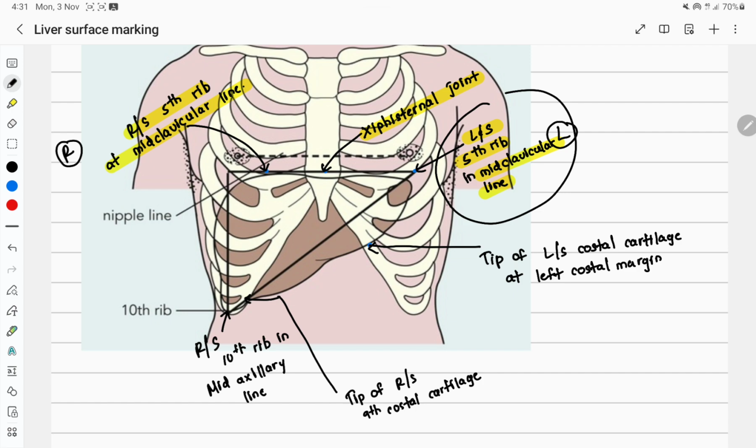So you draw a curved margin. You can draw either a straight line or a curved margin to surface mark the inferior border. So those are the points: right side 10th rib in the mid-axillary line, then the tip of the right side 9th costal cartilage, then the transpyloric plane here, then the tip of the left side costal cartilage at the left costal margin.